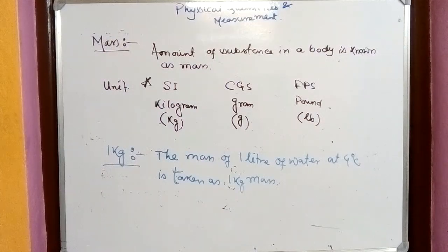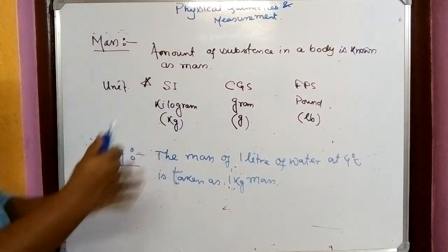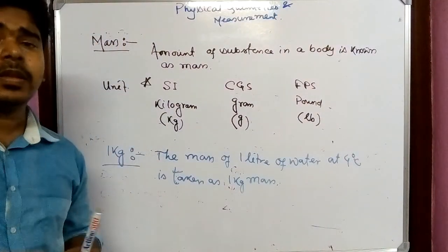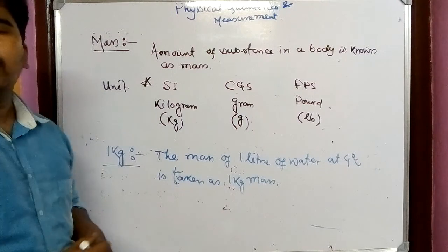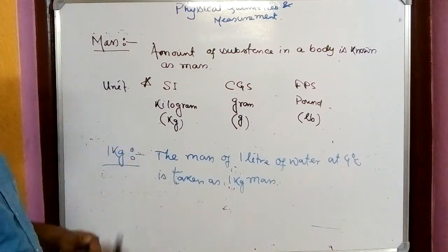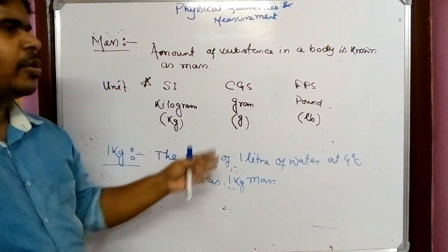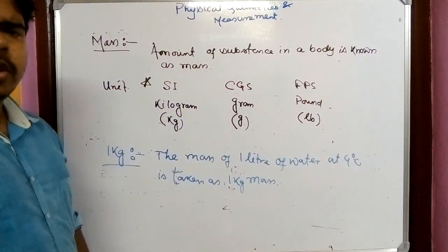Here also, as we have seen, there are SI, CGS and FPS units, and apart from that many units are used in our general day-to-day life. So we have to see the relation of those with the SI, CGS or FPS unit of mass.